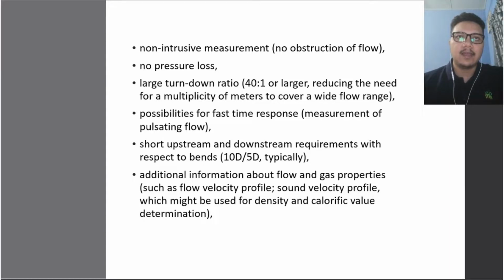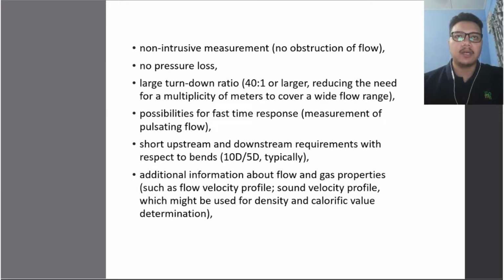And next, the USM has no pressure loss. It also has a large turn-down ratio, which is around 40 to 1 or larger, reducing the need for multiplicity of meters to cover a wide flow range, and there's the possibility of fast time response.